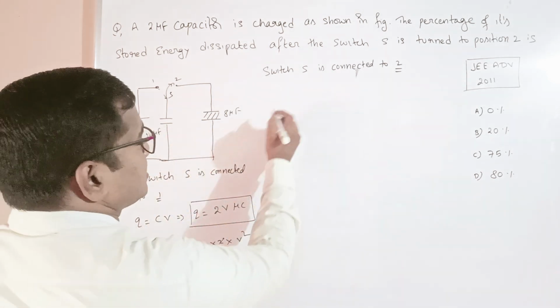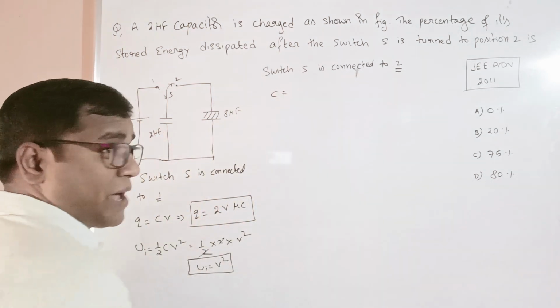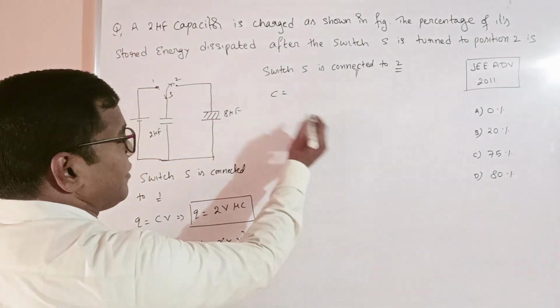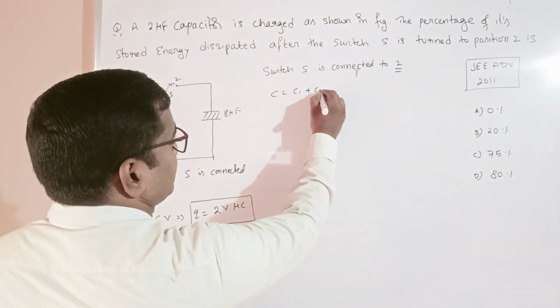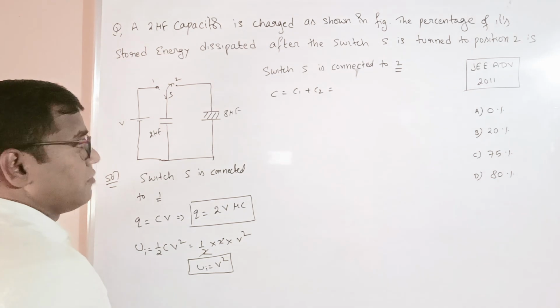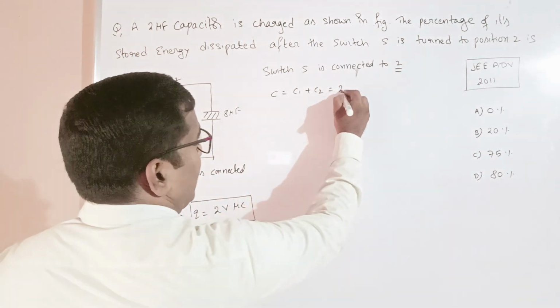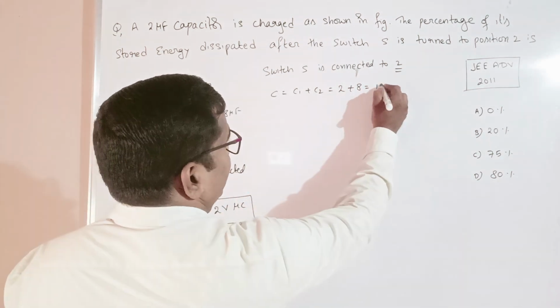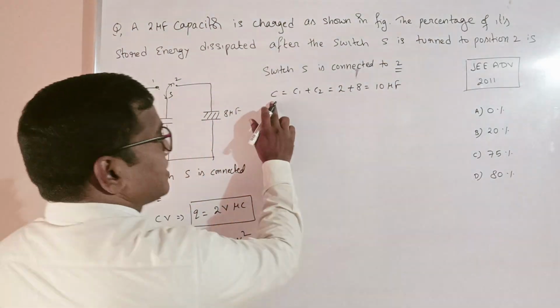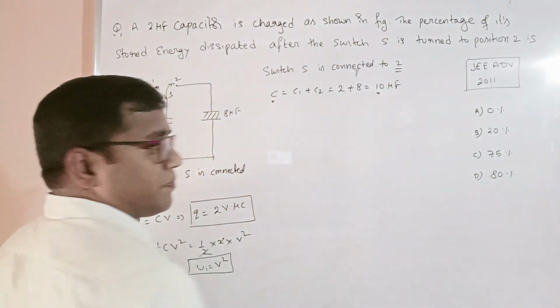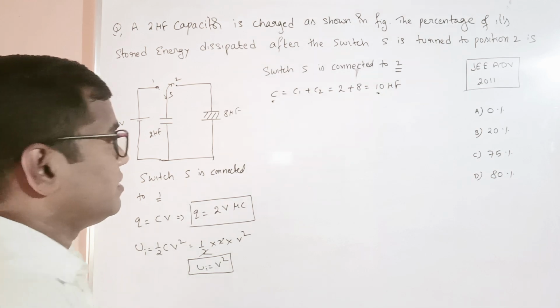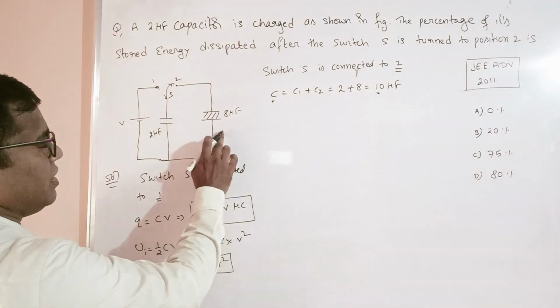So the effective capacitance in parallel is C1 plus C2, which is 2 plus 8, nothing but 10 μF. Effective capacitance is 10 μF.